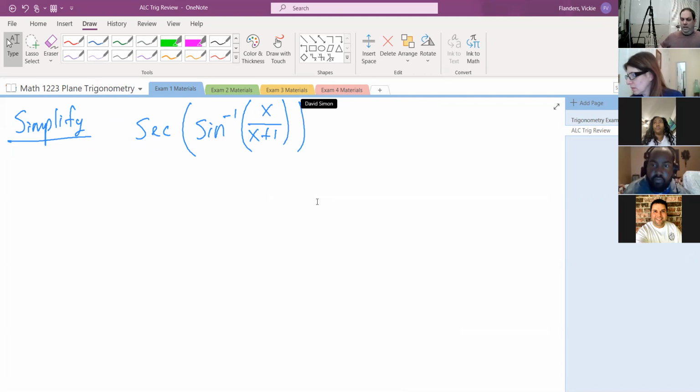Now notice that the inverse sine is on the inside this time. The inverse is on the inside, okay? And it's acting on a ratio which comes from a triangle. Right now, we're just going to make the assumption that x is a positive number, okay? We're just going to go ahead and throw that in there.